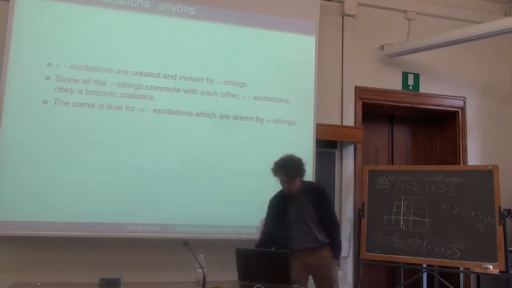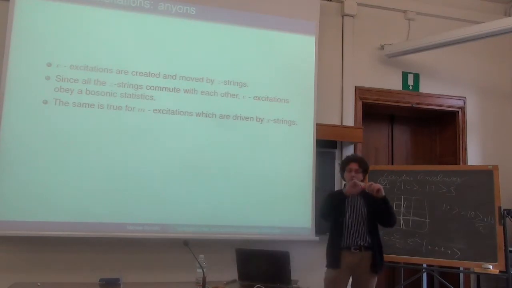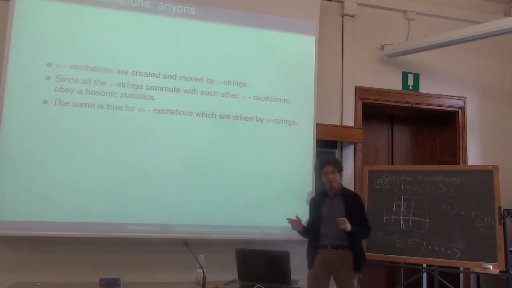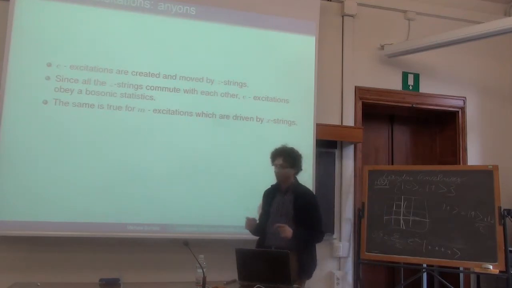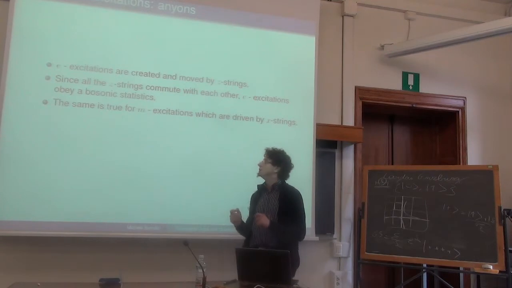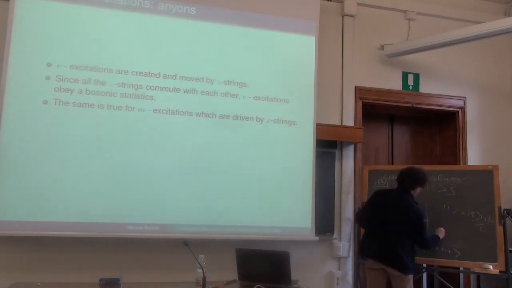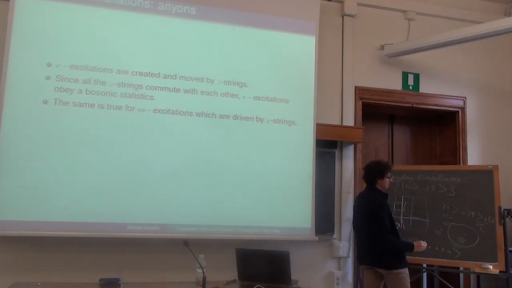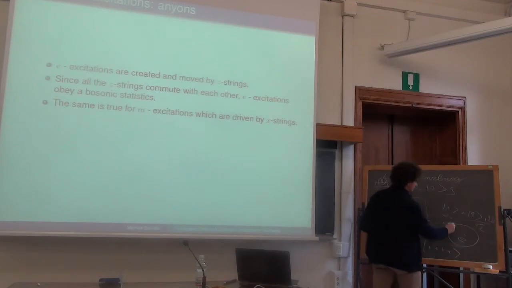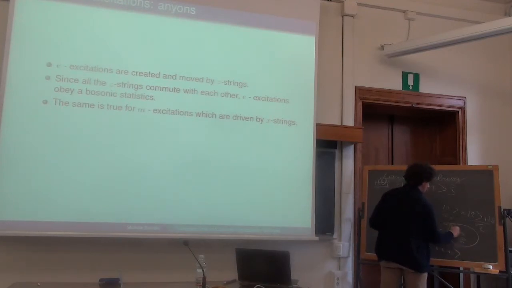The important thing is that since you move around the electric excitation with strings of the kind Z, and since all the strings of the kind Z commute with each other, if you create a pair of E excitations and then create another pair of E excitations and move one around the other, you obtain an identity. And also if you exchange the position of these two particles, you obtain an identity.